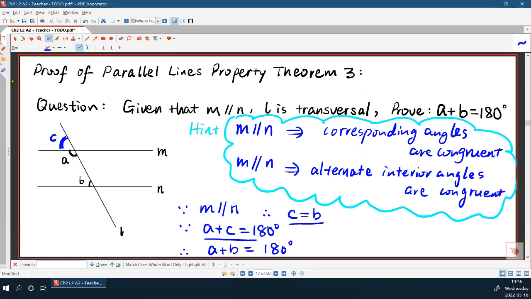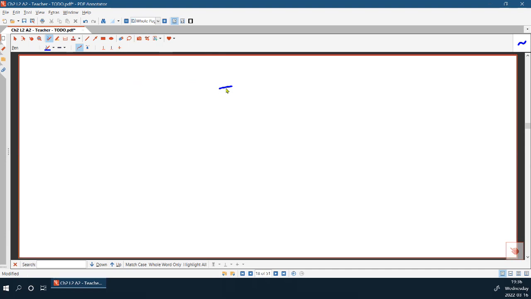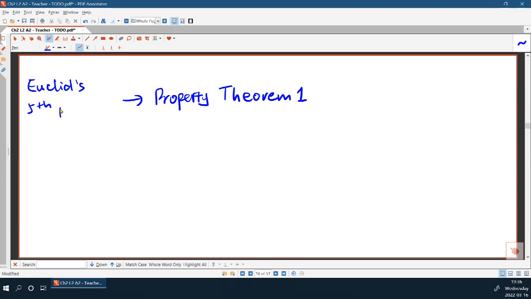Okay, so let's make a summary of what we have just done. We have proved property theorem 1 using Euclid's fifth postulate. Because before property theorem 1, we haven't learned any theorem, right?